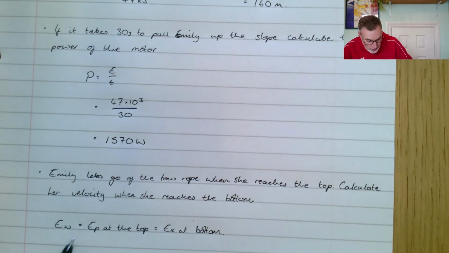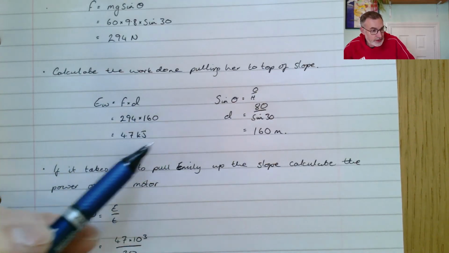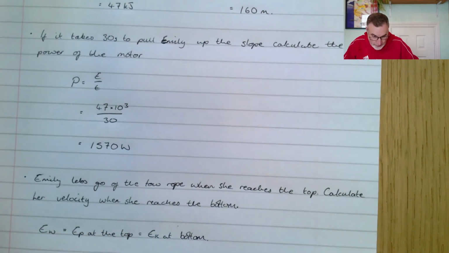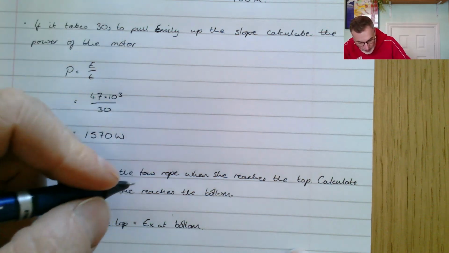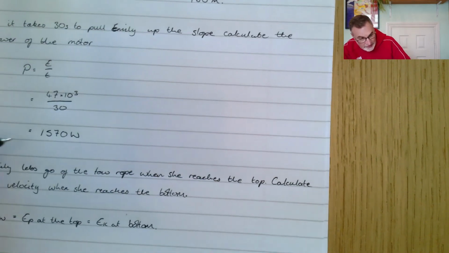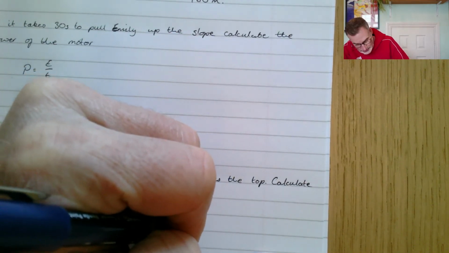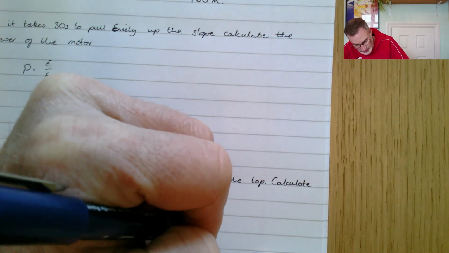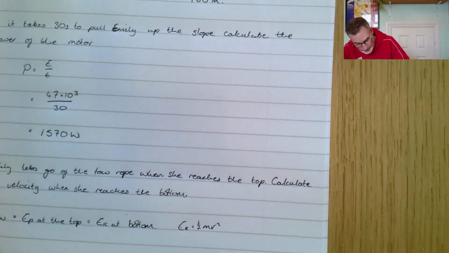Now we know the work done was 47 kilojoules, and so we can just have EK is equal to half mv squared.